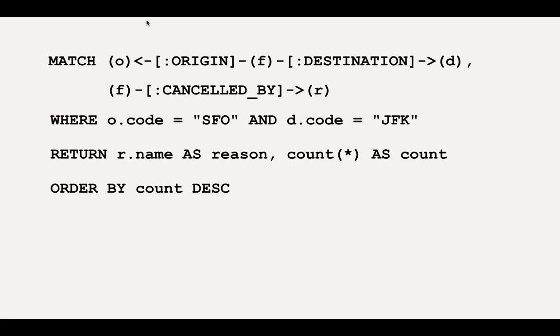So we're looking for cancelled flights. Then we're constraining it so that the origin is SFO and the destination is JFK. And then we're returning the reason's name, a count of the reasons, and ordering by the count of the reasons in descending fashion. So we're looking for the most popular excuses for cancellation of flights between SFO and JFK.